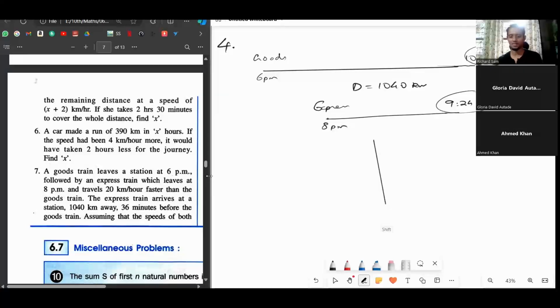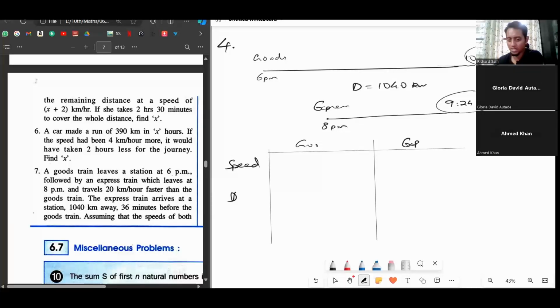Do we have everything we need? Speed. What's the difference in speed? The express train is x plus 20. So we'll make our table over here. Here we have the slow train, which is the goods train. Here we have the express train. First we'll write the speed, next is distance, and then last we have the time.